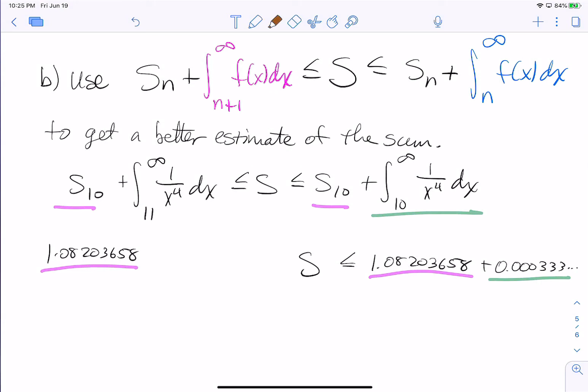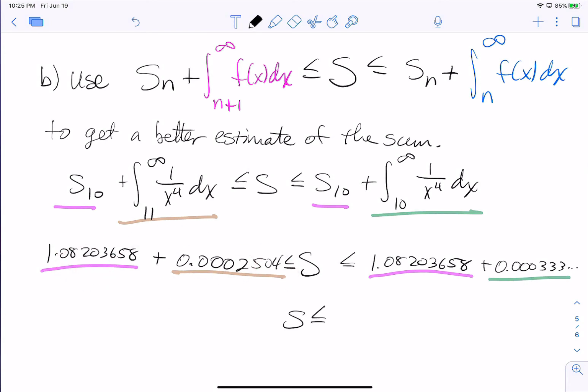And the integral from 11 to infinity is computed in exactly the same way as the integral we just saw using the power rule. And you can confirm that has a value of about 0.0002504. So that added to 1.08203658 formed the lower bound for the sum of the series.